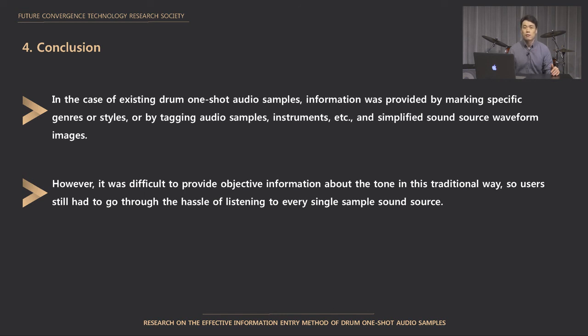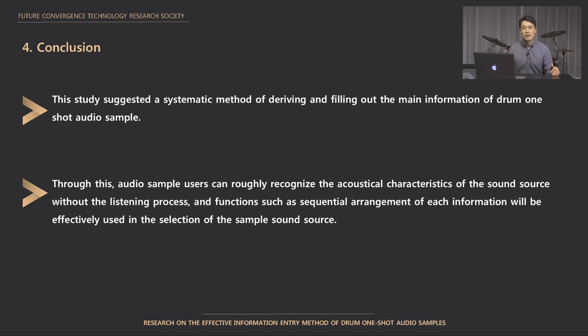This is a factor that undermines the efficiency of the work, but there has been no clear progress in solving this yet. Thus, this study suggested a systematic method of deriving and filling out the main information of drum audio samples. Through this, audio sample users can roughly recognize the acoustical characteristics of the sound source without the listening process.